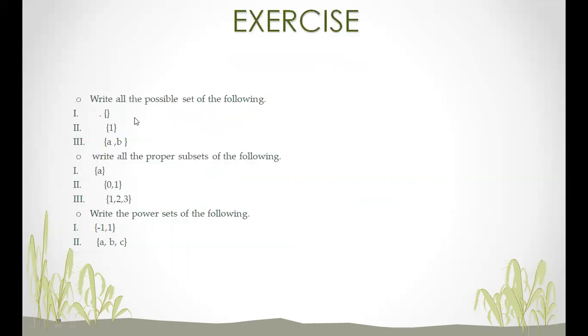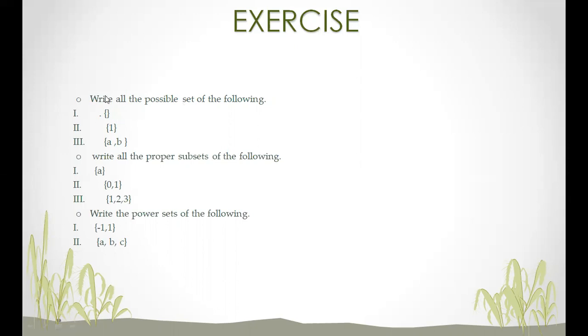So now see some examples or questions so that we get an idea how much we understand our previous topics. Write all the possible subsets of the following. Here we say subset, here is a writing mistake.